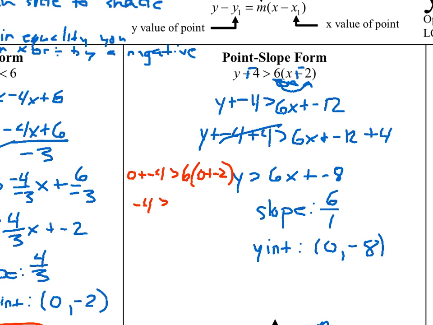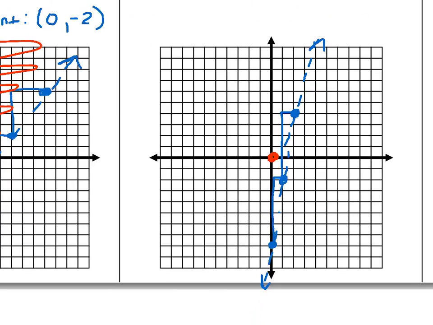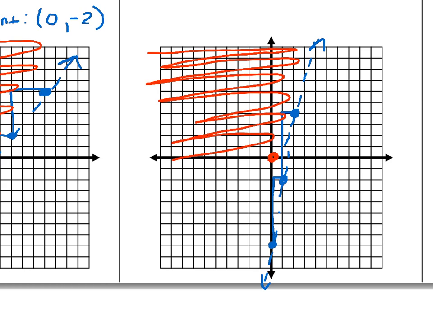Negative 4 is greater than 6 times negative 2. Negative 4 is greater than negative 12. Correct. Yeah, I'd much rather only owe $4 than $12, so this is correct. So that means, again, we're shading the side that the 0, 0 is on, since that statement was true.